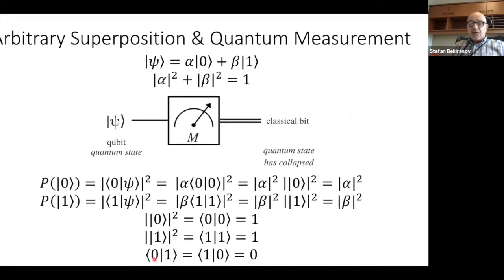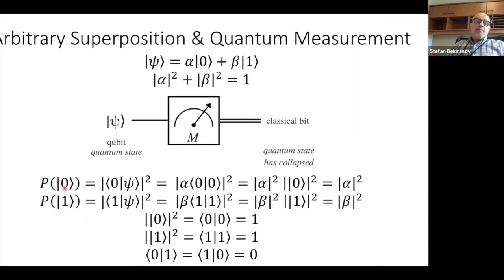The states 0 and 1 are perpendicular to each other, and I can write this notation, which is a quantum way of writing an inner product and a state. The inner product of 0 and 1 is 0, and 1 and 0 is 0. These individual states are normalized, so you can think of these as orthonormal vectors. The inner product of 0 with itself is 1, and 1 with itself is 1.